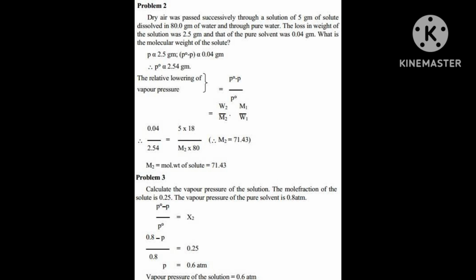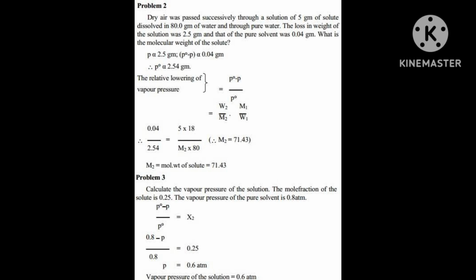It is related to the lowering of vapor pressure. You will quickly understand. See here, if you add a solute, then vapor pressure will decrease. Correct? Now if vapor pressure decreases, how will it affect the boiling point?